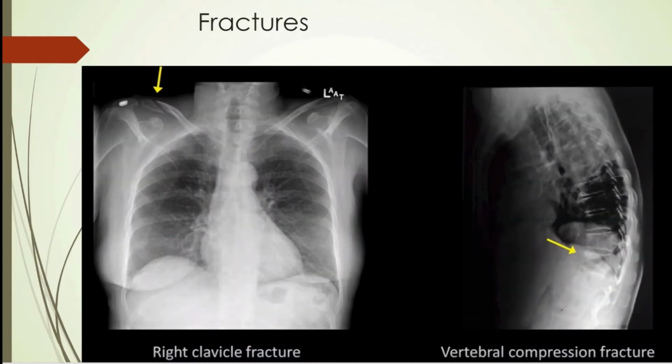For some more fractures, on the left-hand side here, you can see a fractured clavicle. This nice yellow arrow is pointing it out to us, and you can see the disruption here. Right there is the fracture. You can look on the patient's left side and it's a normal clavicle. On this one here, you can see a vertebra that looks like it's fractured.